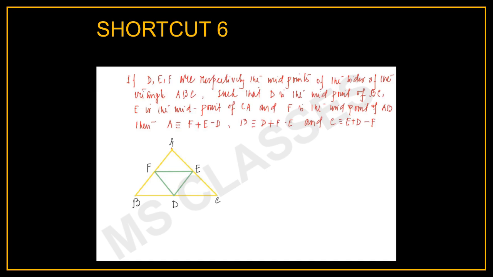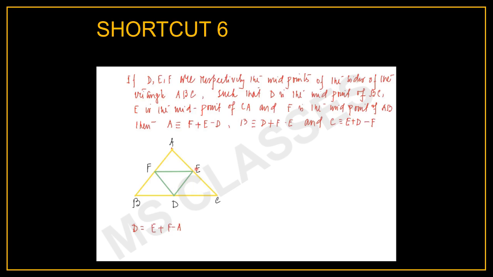So how to remember? Very simple. I always think about D first. That is, I say D equal to what? Sum of the vertices here minus the opposite vertex. So it is E plus F minus A. And you can get the others just by interchanging the letters.